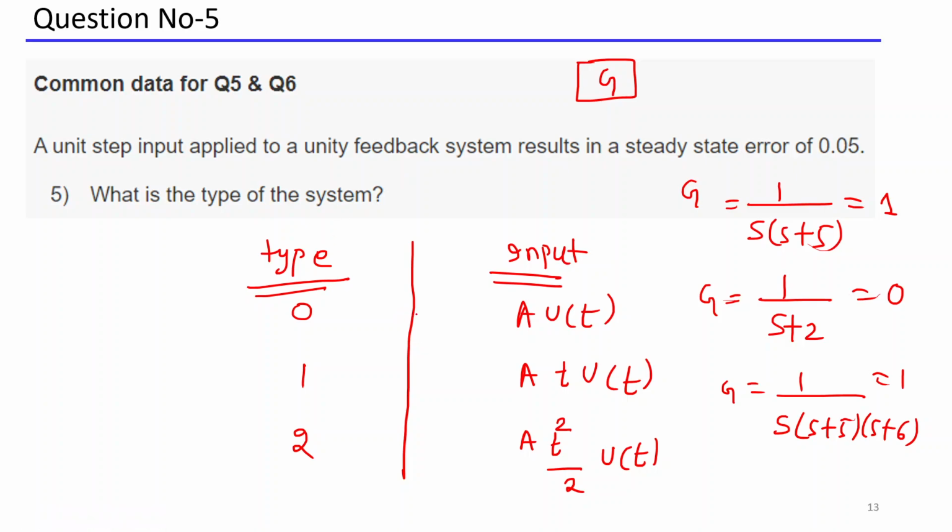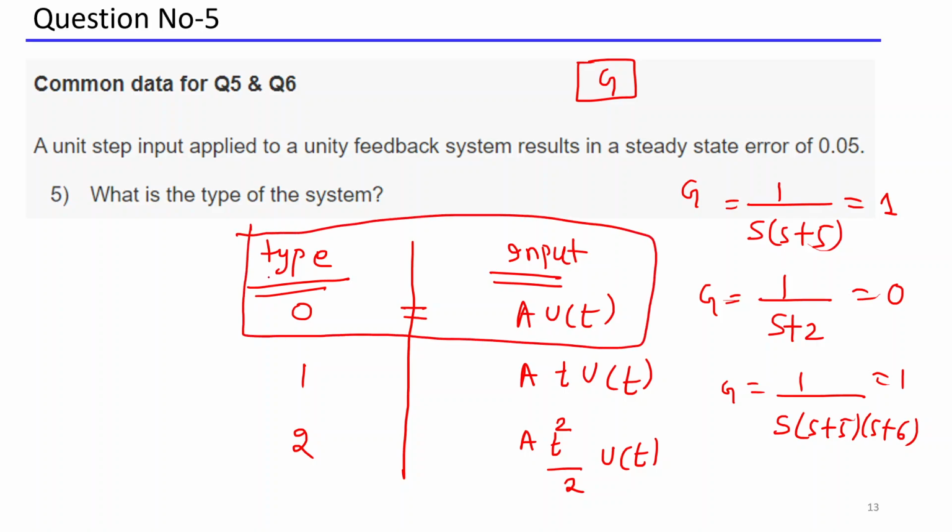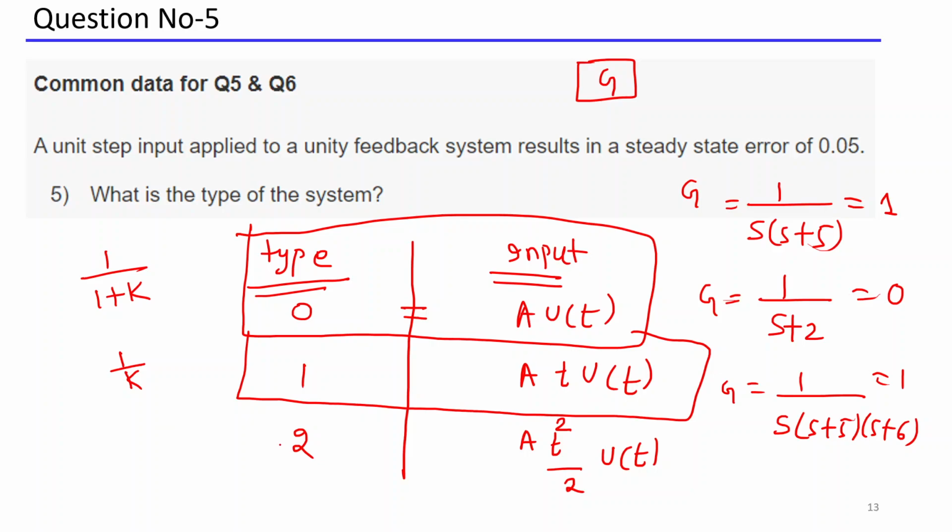If the type and input are matching, for type 0, if the input is step input, then the steady state error will be 1 divided by 1 plus k. For the second system, if type 1 matches with your input, which is ramp input, then the steady state error will be 1 by k.